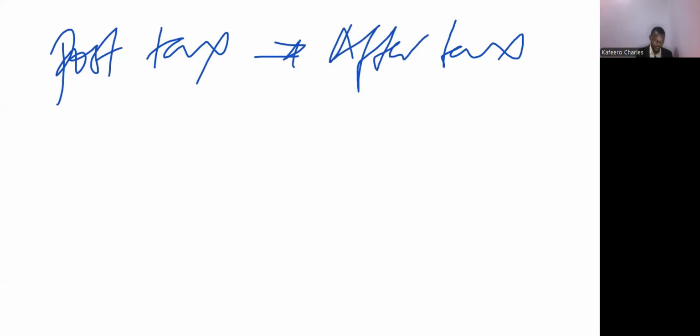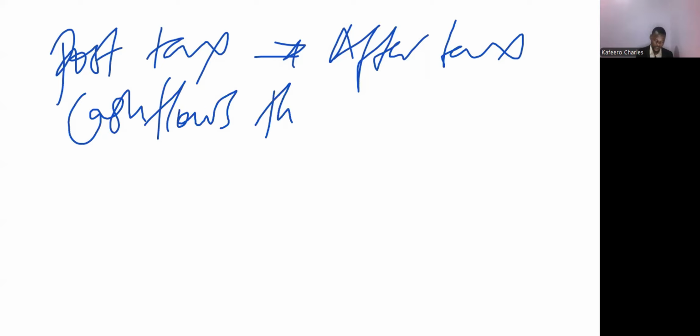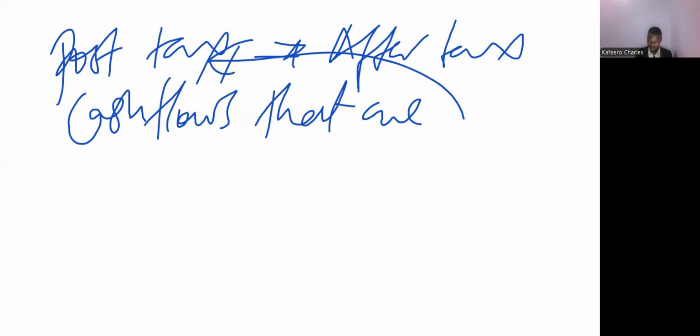Post-tax means it is after tax. So if they give you cash flows that are post-tax, then you just don't take the tax component into consideration, because we have already adjusted for it.